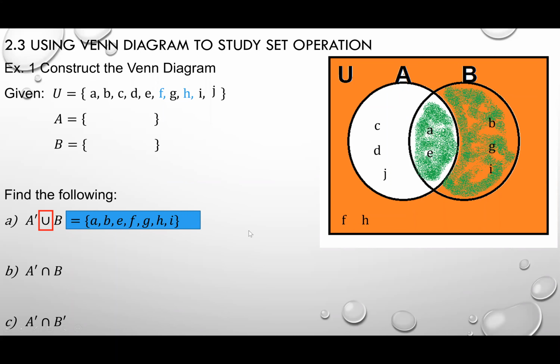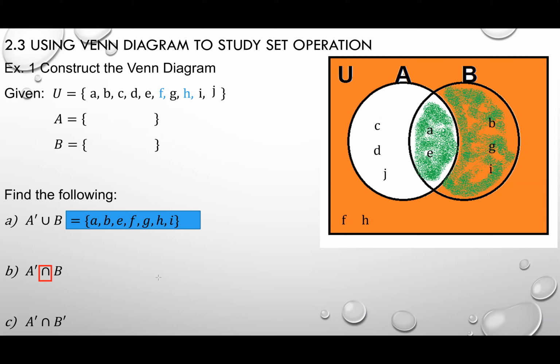Okay, and what is the difference between the union and the intersection? If you look at A and you look at B, do you see the only thing different is this item? Do you see the only difference is, again, A prime intersection B?